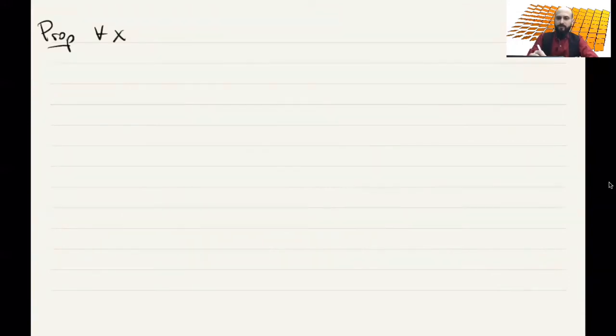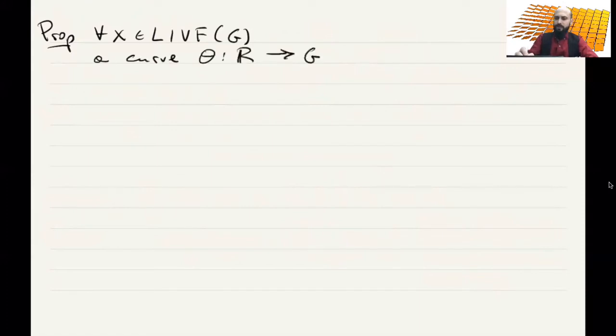Let's fix a left invariant vector field x on a Lie group G and a curve theta defined on the real line valued in G such that at time 0 it is the identity element and its derivative at time 0 is the vector field x evaluated at the identity of the group.